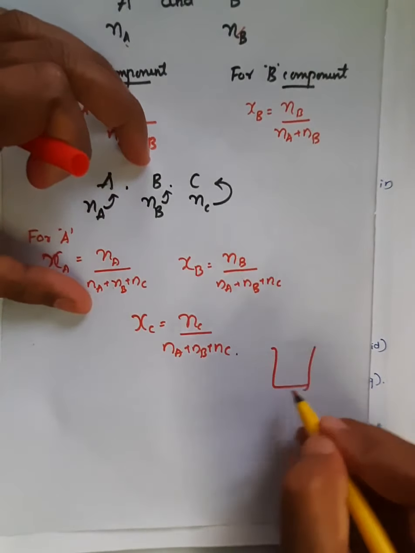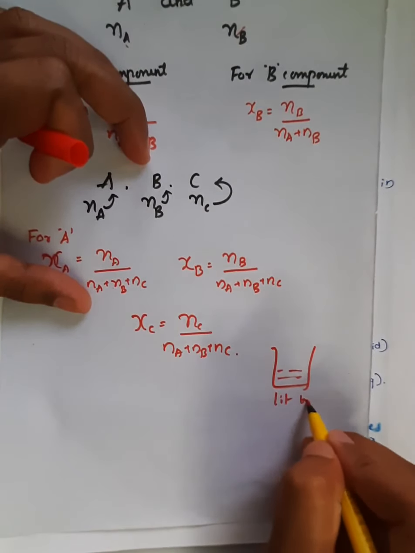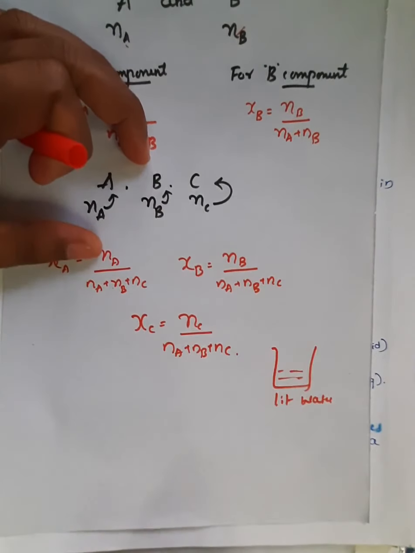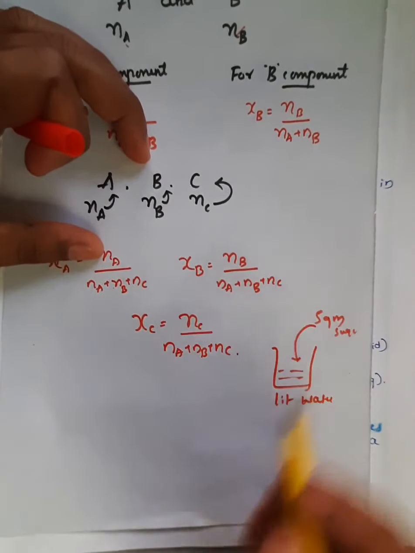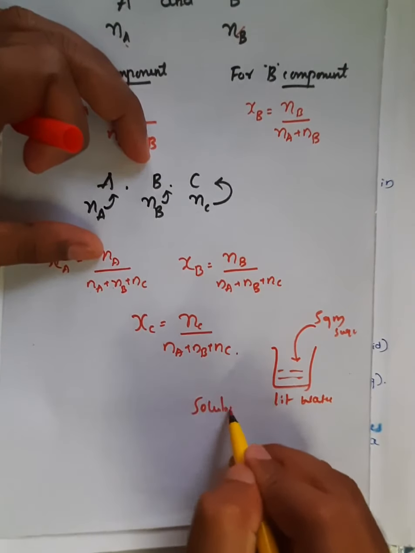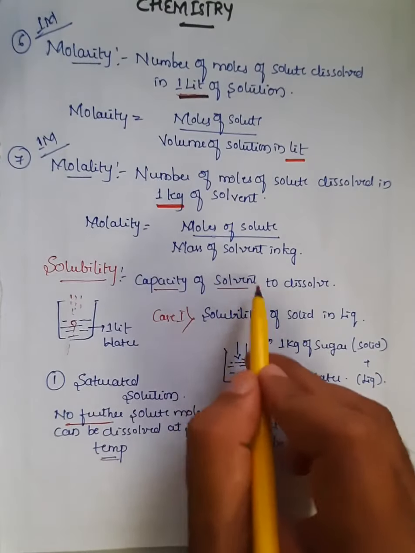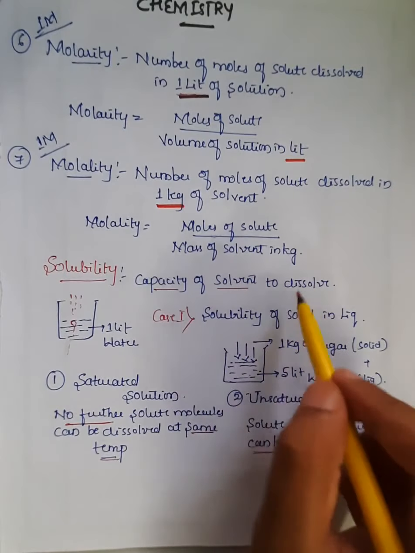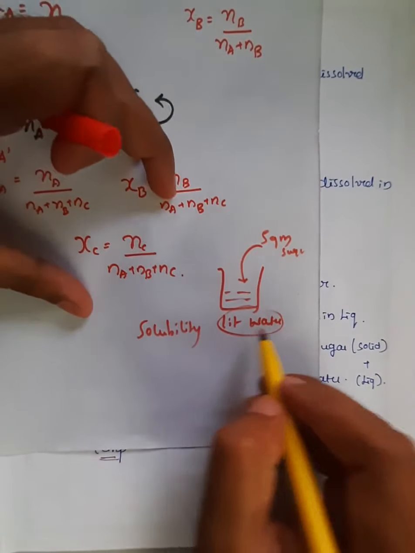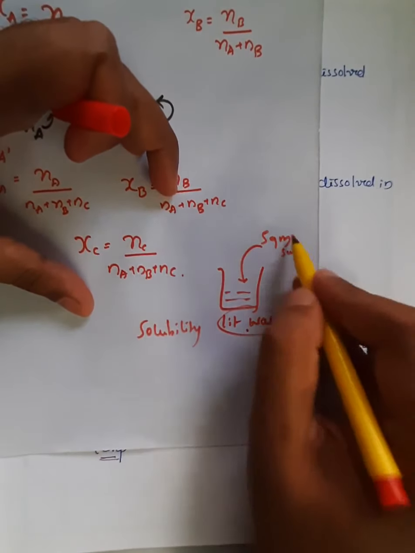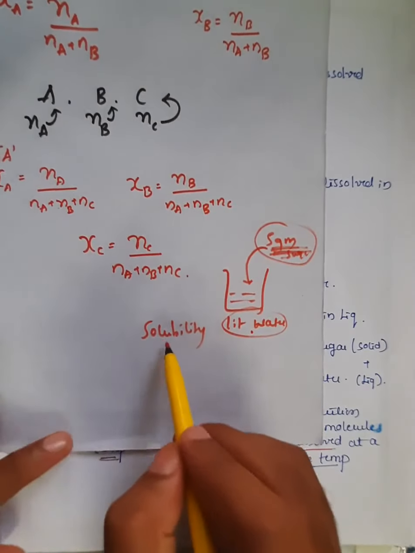If you take a beaker that contains a liter of water and I add 5 grams of sugar, the solubility is the capacity of this 1 liter of water to dissolve the added component.